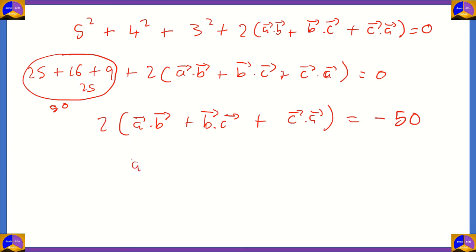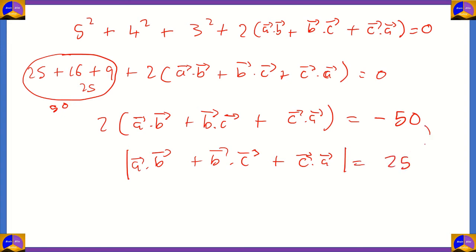So you just divide by 2 and put the modulus sign, the modulus function, and when you apply the modulus, you get 25 as the answer. So therefore mod of (vector a dot vector b plus vector b dot vector c plus vector c dot vector a) equals 25.